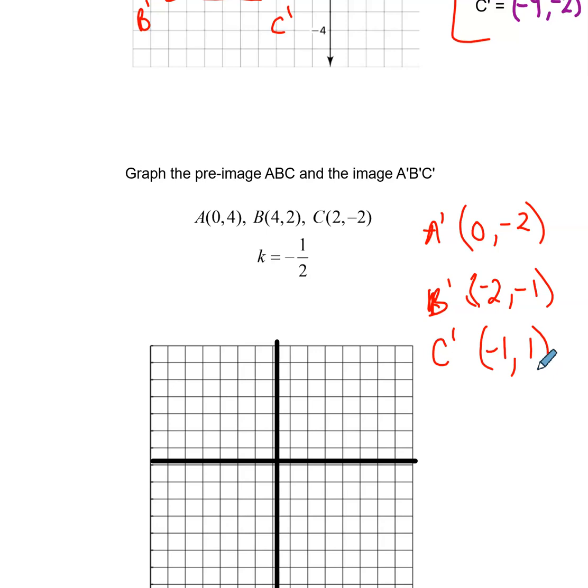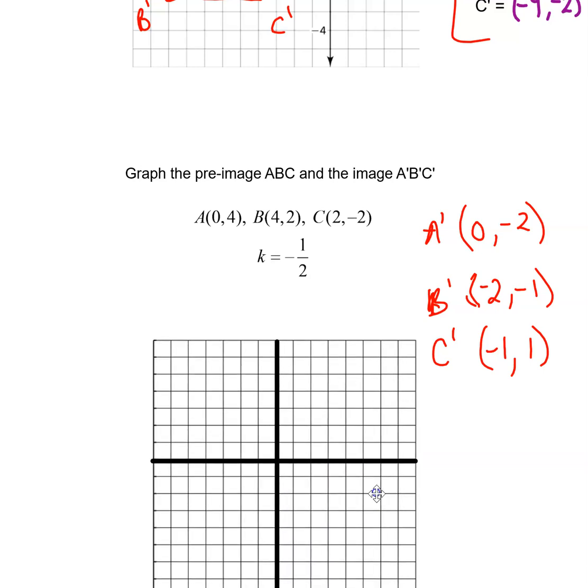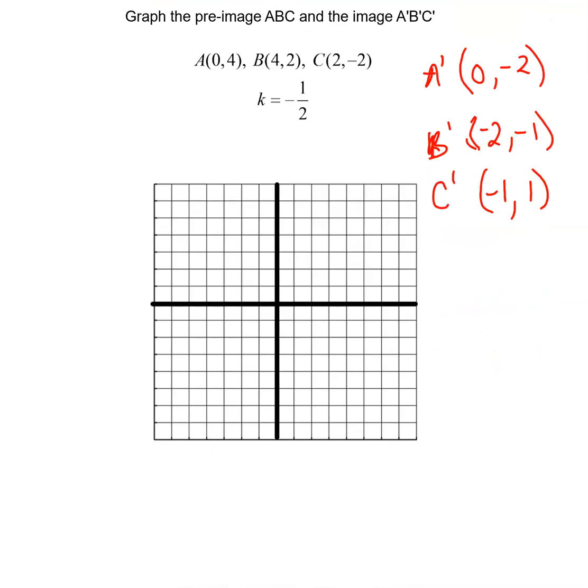And then we'll go ahead and graph both. So the original was, let's see. Our graph got moved just a little bit. All right, A is (0, 4). B is (4, 2). And C is (2, -2).